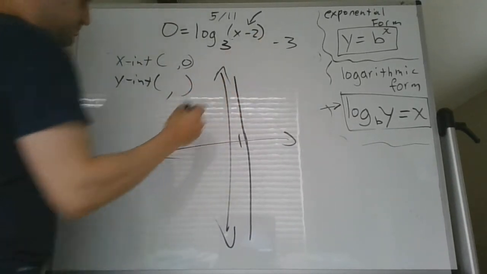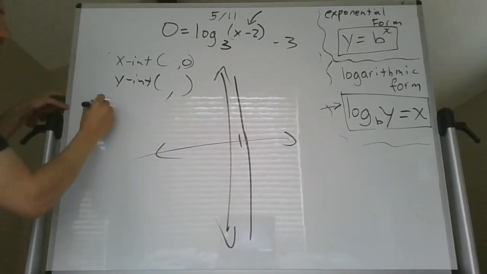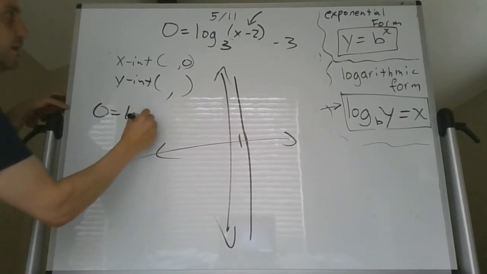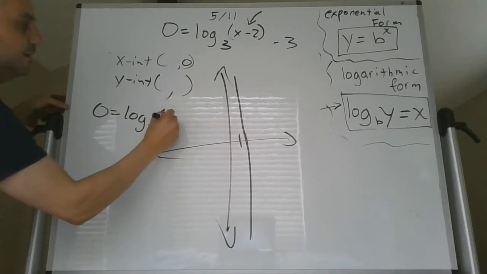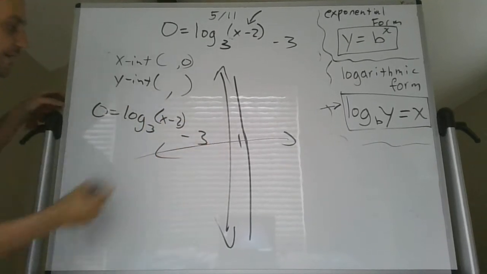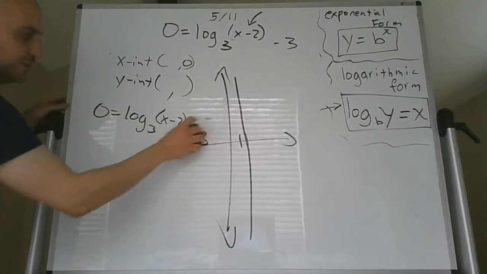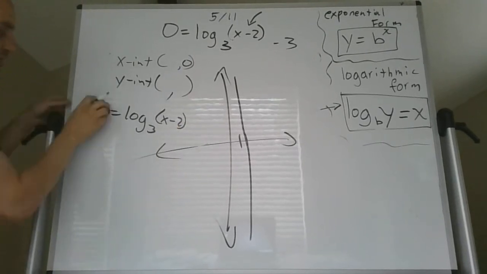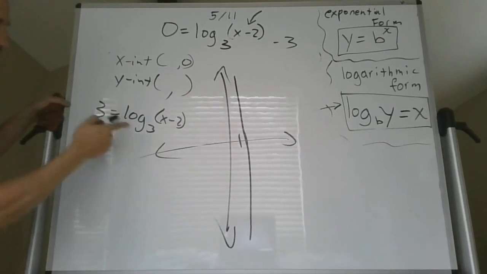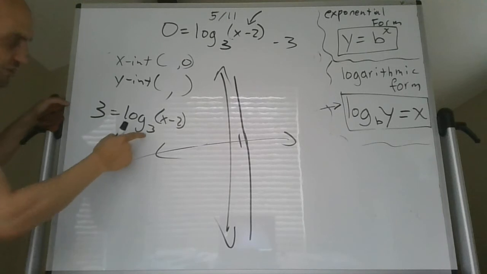Let's do this real quickly over here. I'm going to move that 3, so I'm going to do plus 3. Log form, I'm going to convert it to exponential.